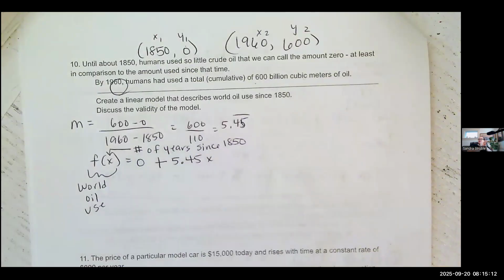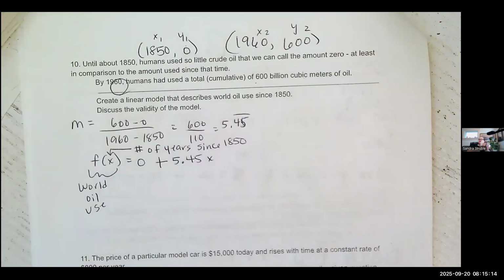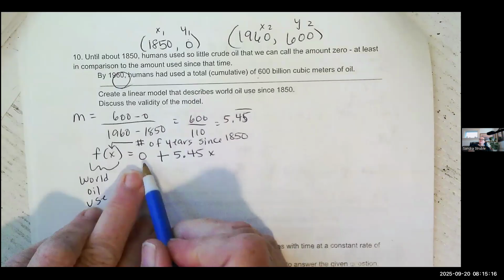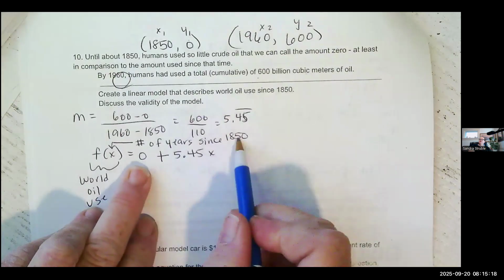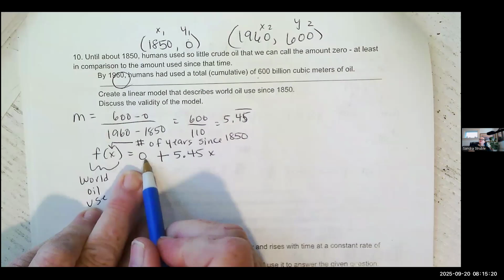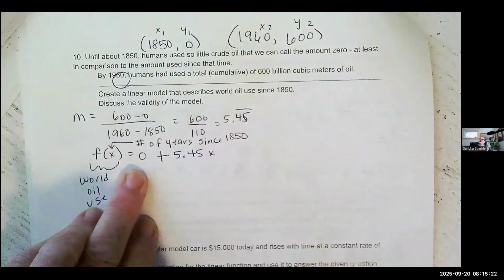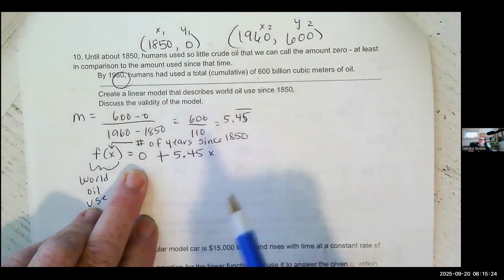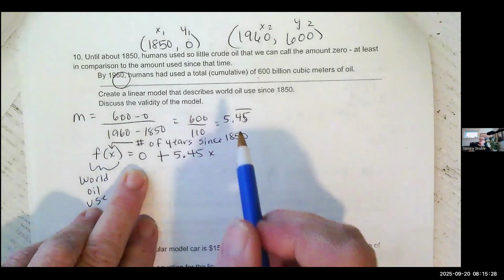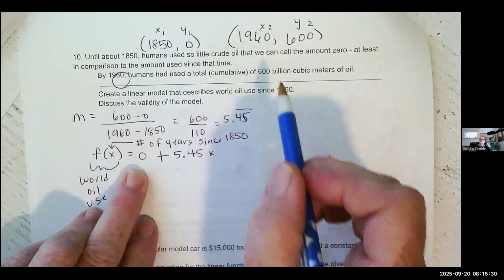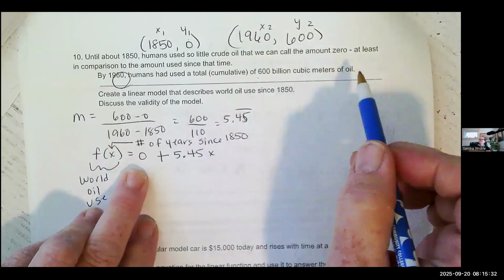You have to understand what your linear function means. Your linear function means that beginning in 1850, there was no oil use. And then every year since 1850, the world has used 5.45 billion cubic meters of oil.